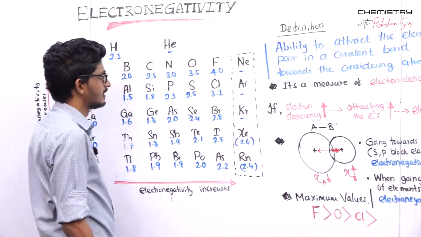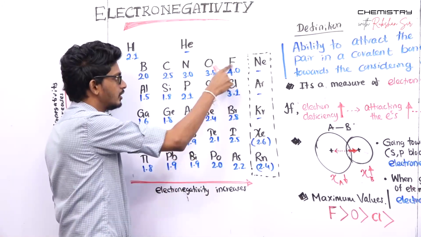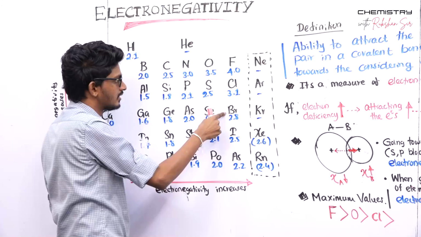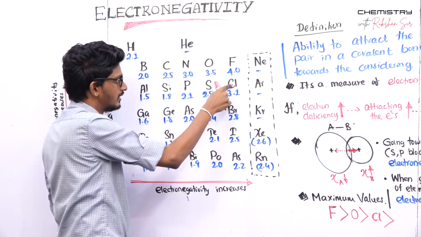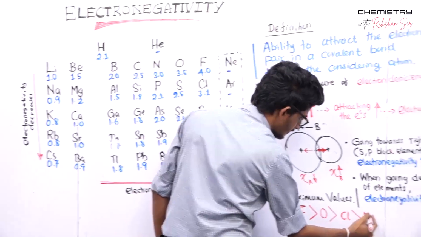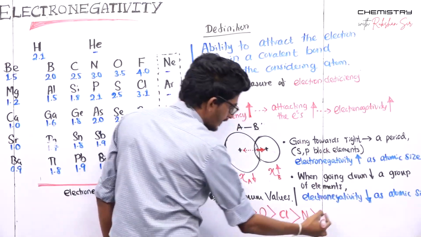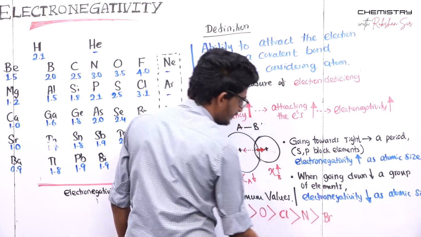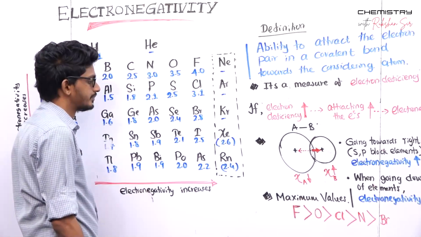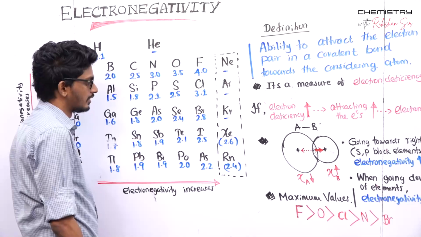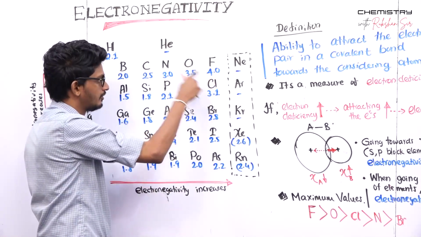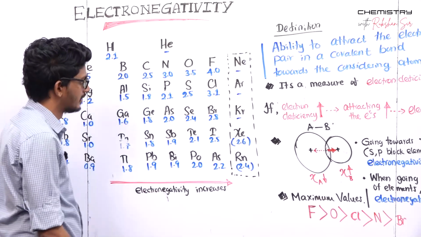Then the fourth place and fifth place: you have nitrogen here, then you have bromine. Then sixth place.